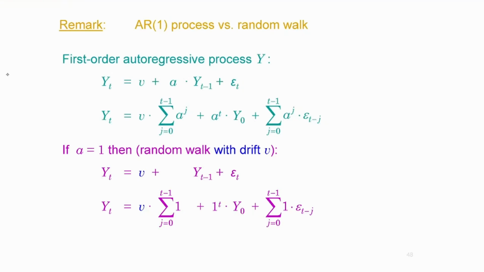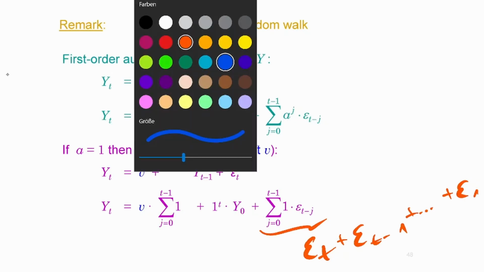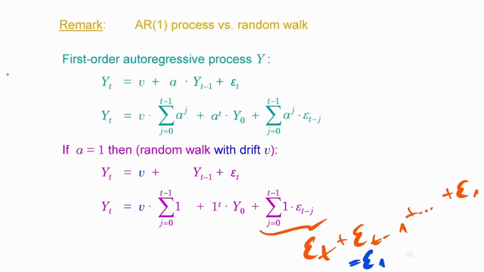Now, regarding the noises, the first summand is obtained by setting j equal to 0, which is epsilon t. The next one is epsilon t minus 1, and the last one is simply epsilon 1. So you have epsilon t plus epsilon t minus 1 down to epsilon 1, or if you reverse it, epsilon 1 plus epsilon 2 up to epsilon t. That's the final one.